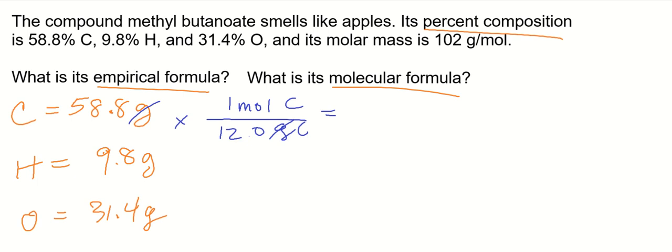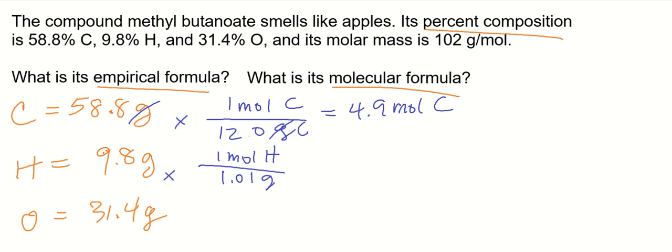58.8 divided by 12 is 4.9 moles of carbon. Hydrogen: 1 mole of hydrogen is 1.01 grams, and the grams are going to cancel out. 9.8 divided by 1.01 is 9.7 moles of hydrogen.